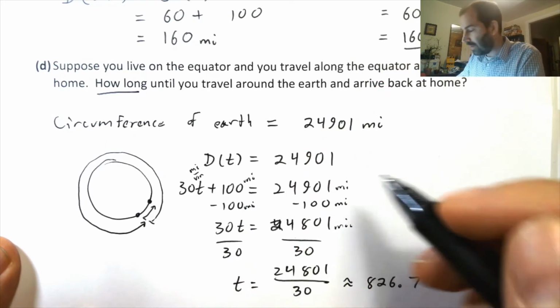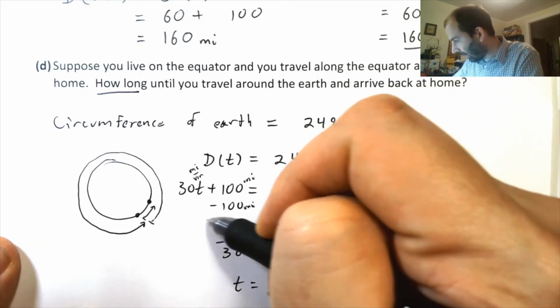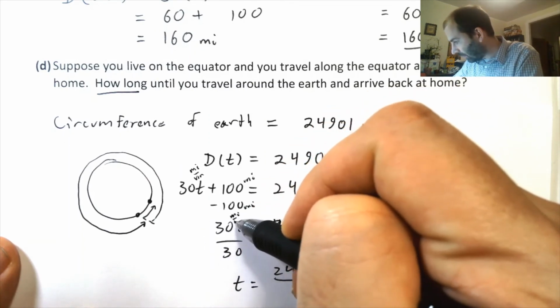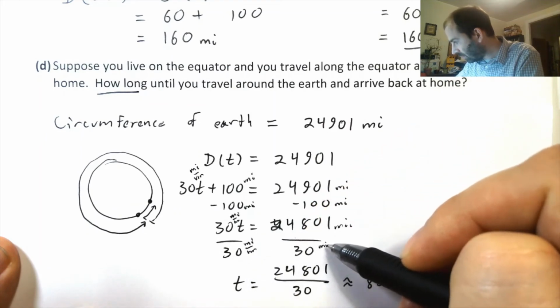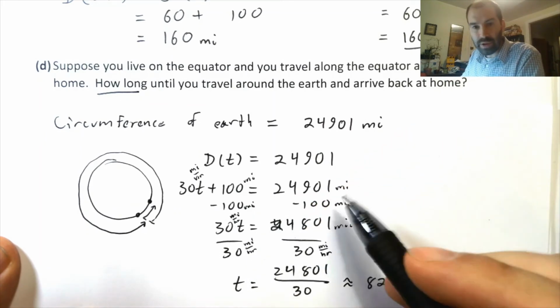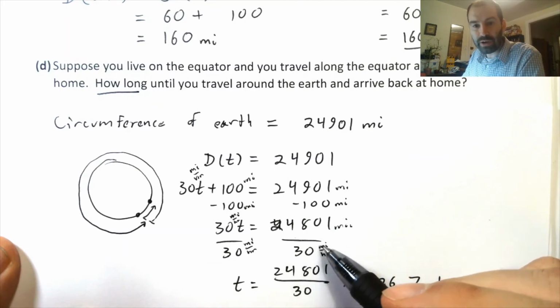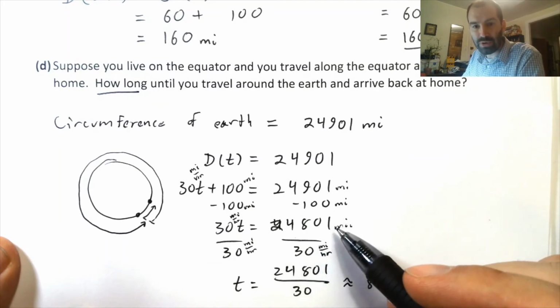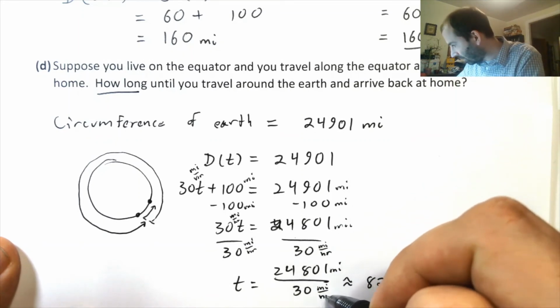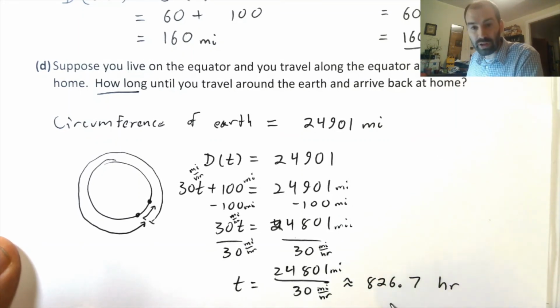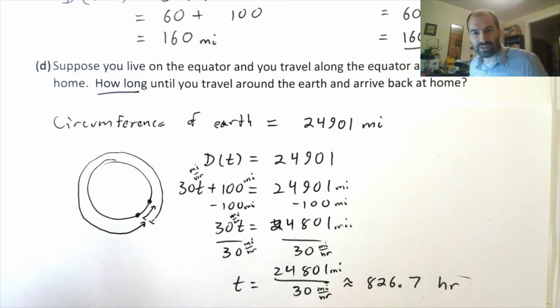I divided both sides by miles per hour. Miles divided by miles per hour, well, the miles cancel, the hours come up to the numerator, and that will give you hours. So just a quick check of units, it works out.